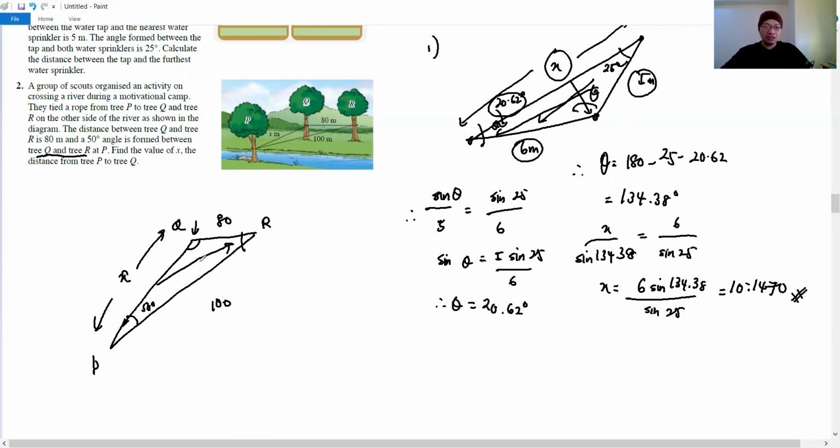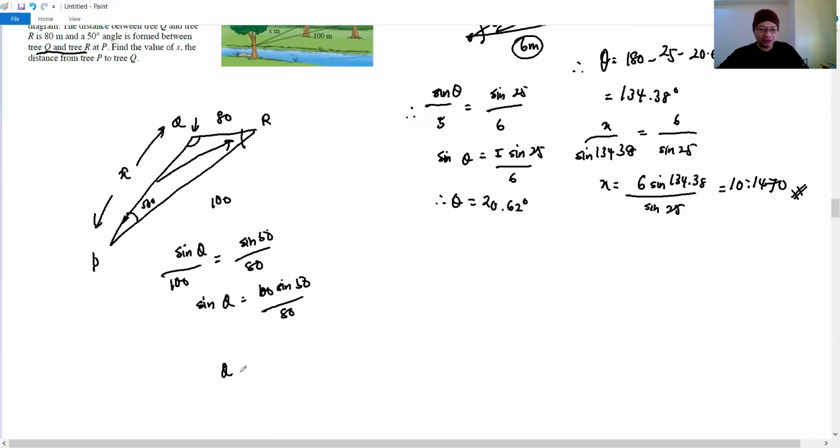So sine Q over 100, the partner, equals the next pairing, which will be 50 and 80. So sine 50 over 80. So sine Q equals 100 sine 50 over 80. So you will get your Q, how much?